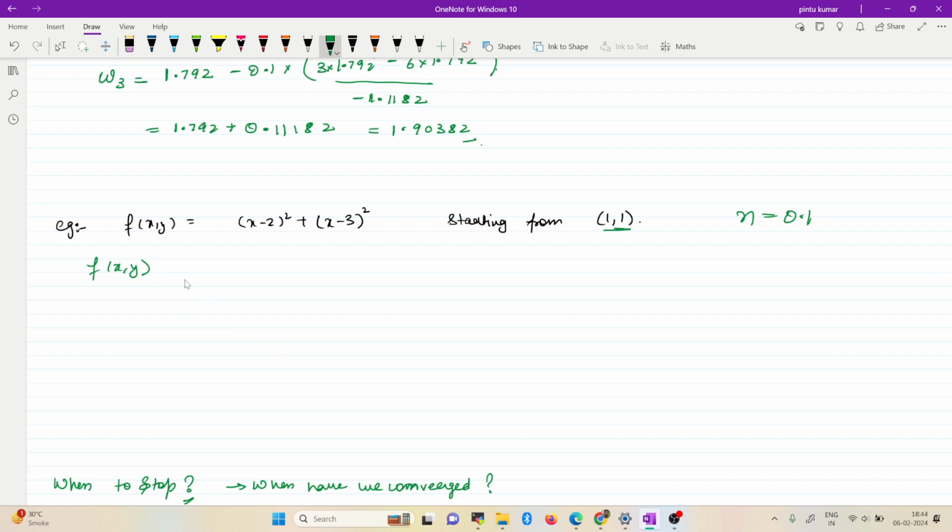So grad of f would look like 2x minus 2 and 2y minus 3, an easy computation.